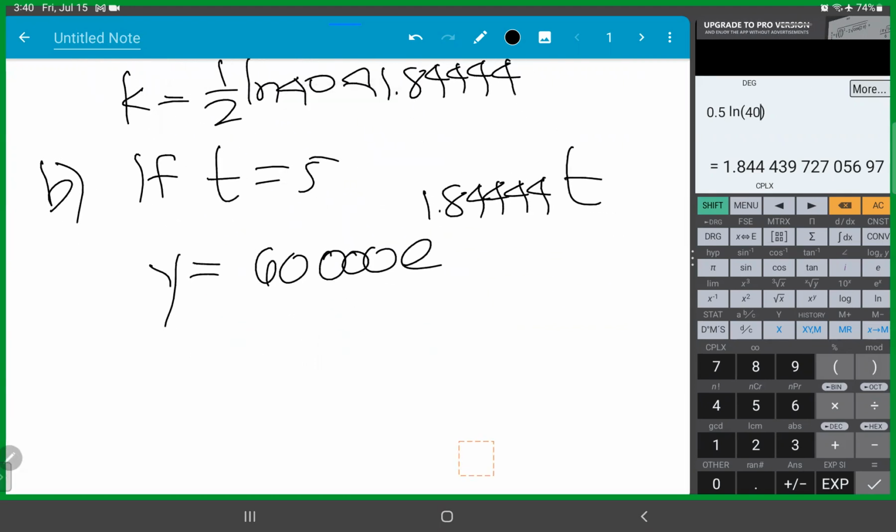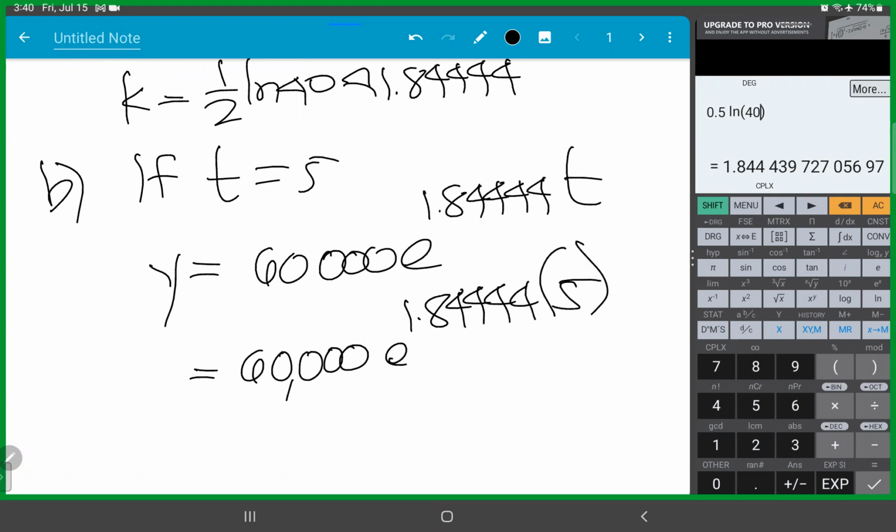Then we just plug in t equals 5. Okay, compute. Round off to the nearest million. And we have 607 million.